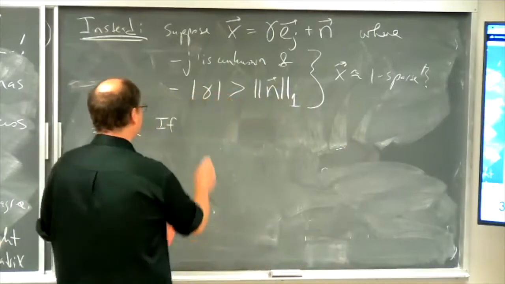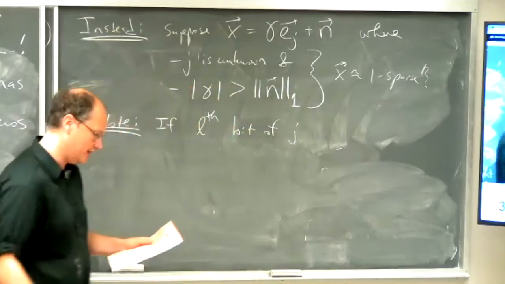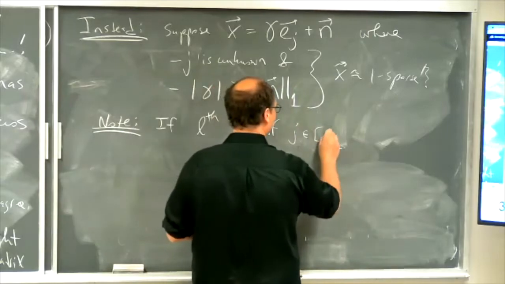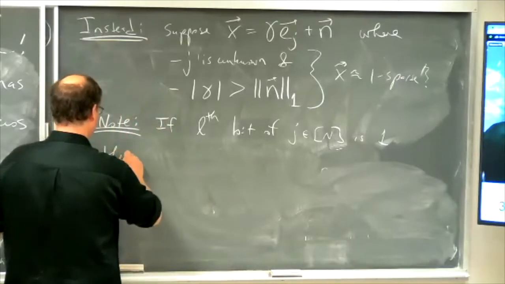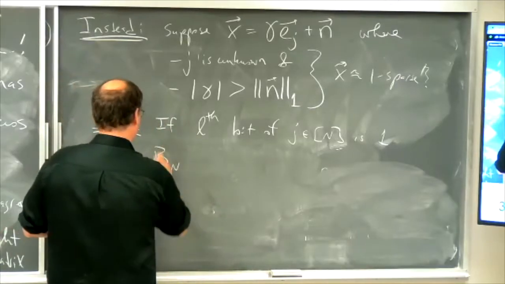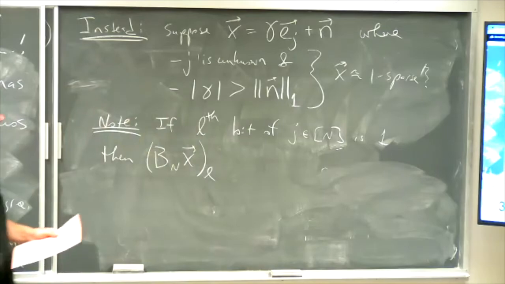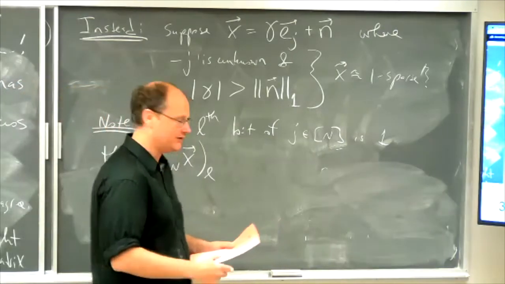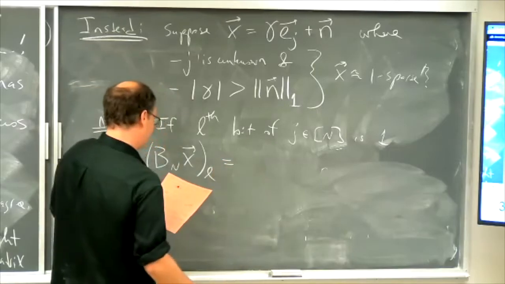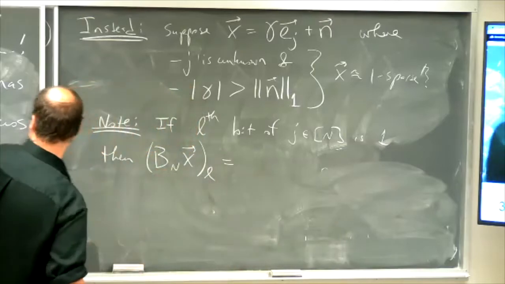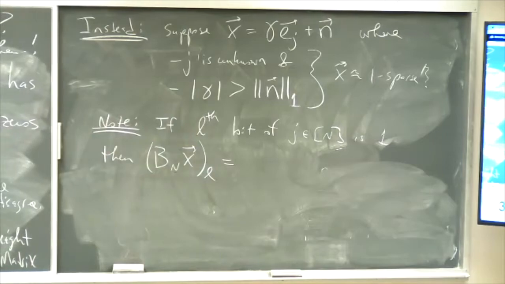So notice if the nth bit of j, whatever it happens to be, we don't know it, is 1, then B_n of x, if I look at the nth entry, so that's the bit I'm currently trying to reason about, is going to be equal to, so let me go back and show you how this example looks. You'll see what this is equal to. When I make this claim, it should make sense.